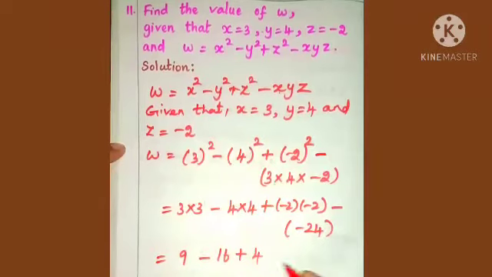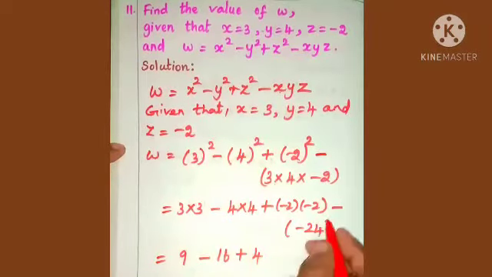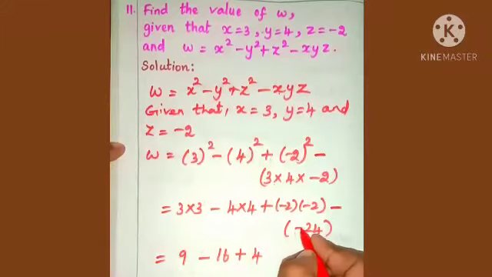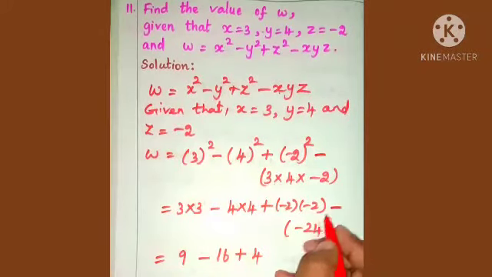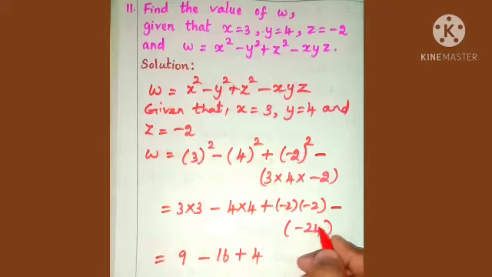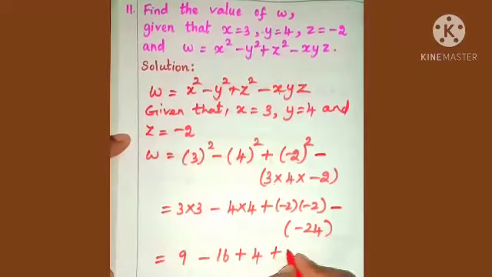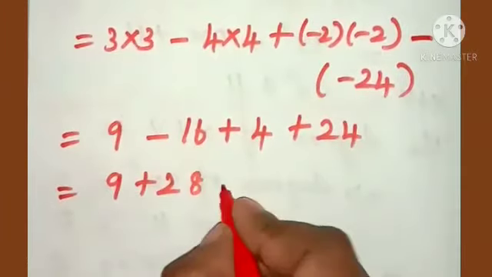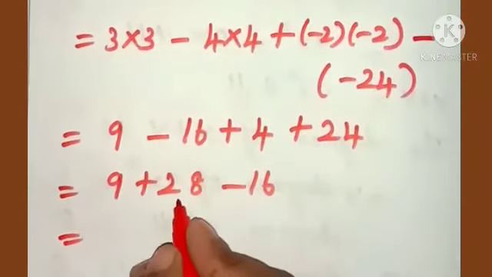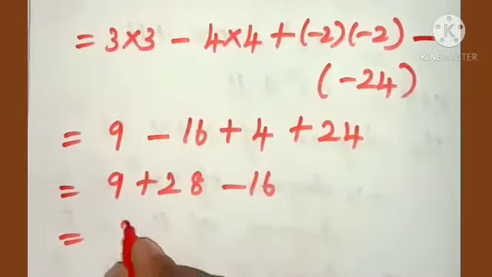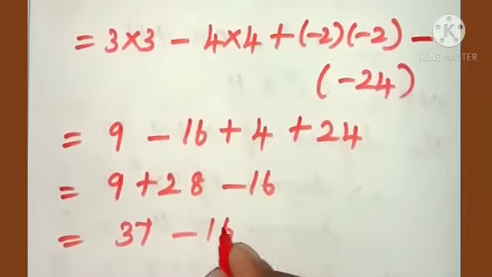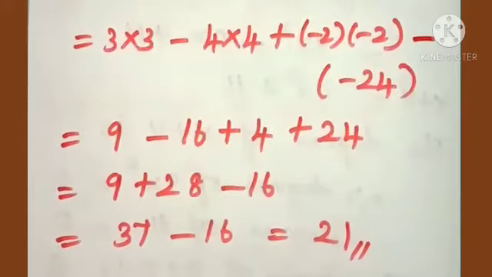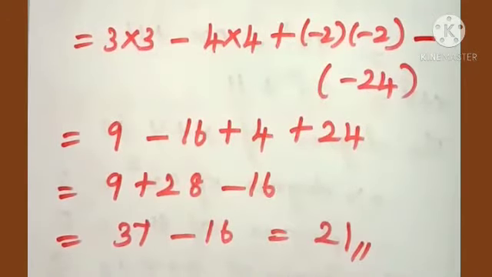So we get 4. Again here we have a minus and a bracketed minus, which means multiplying minus with minus 24, we get plus 24. 9 plus 28 minus 16. 9 plus 28 is 37, minus 16, which is 21. So the value of w is 21.